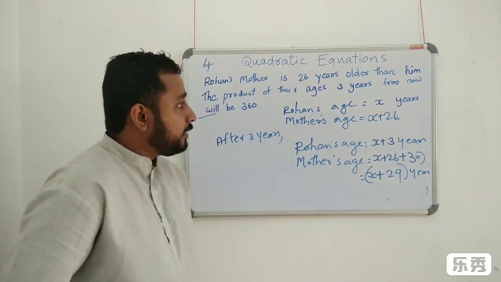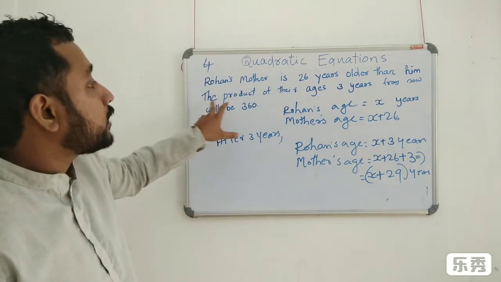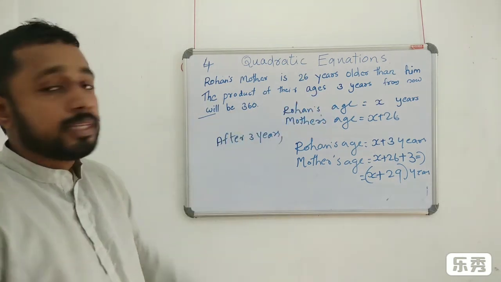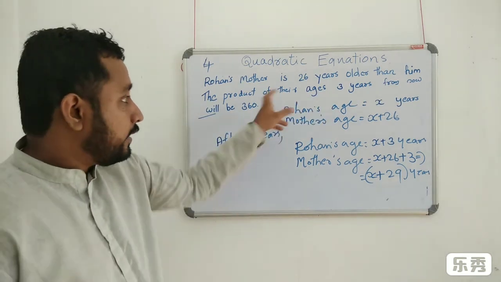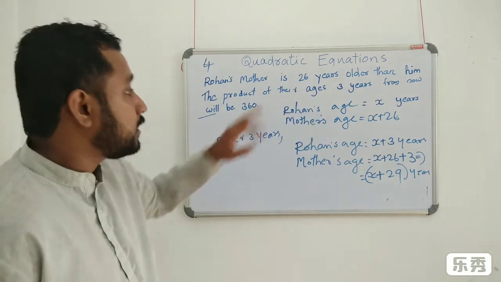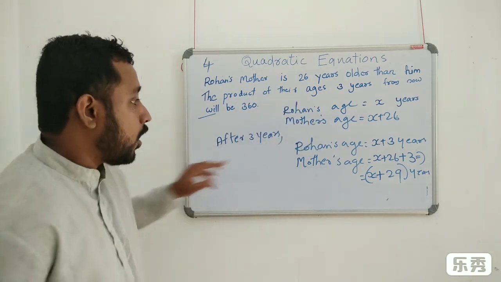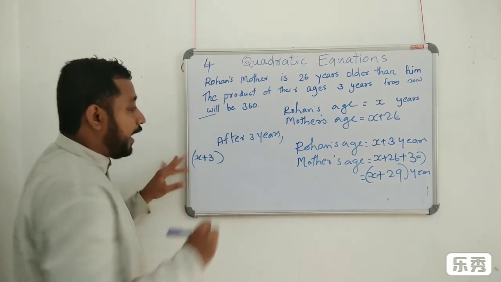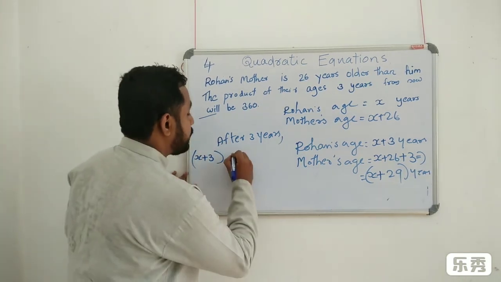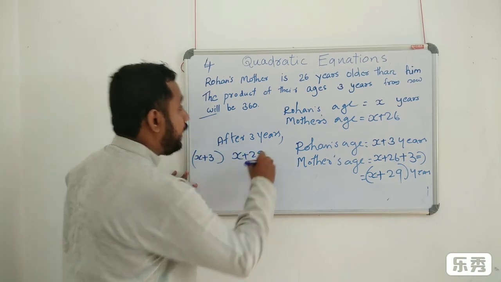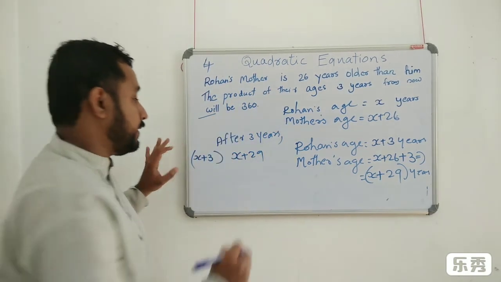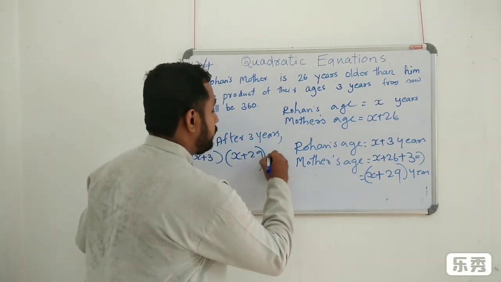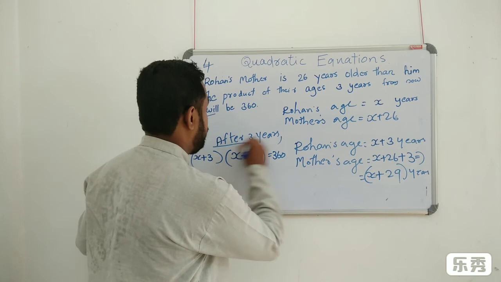Then we have a condition that the product of their ages 3 years from now will be 360. After 3 years, Rohan's age is x plus 3 and mother's age is x plus 29, and the product is 360, that is, x plus 3 into x plus 29 is equal to 360.